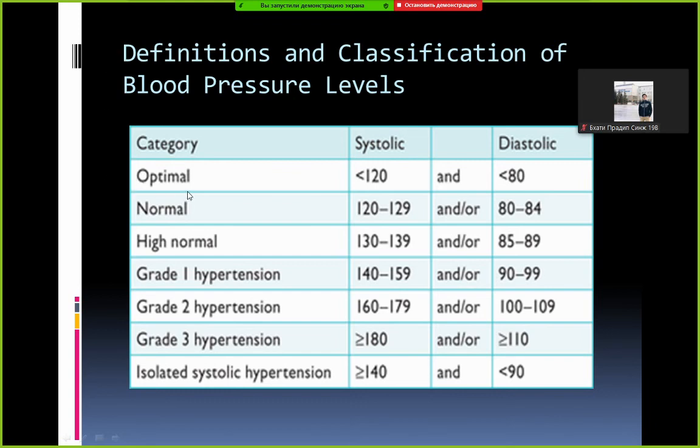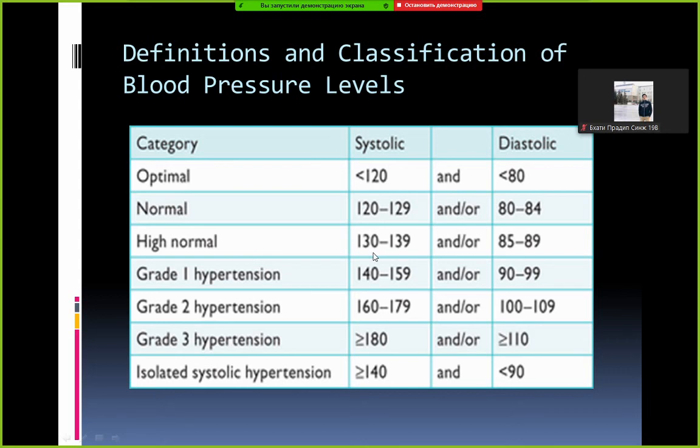So optimal blood pressure is systolic less than 120, diastolic less than 80. Normal blood pressure is considered 120 to 129 systolic and 80 to 84 diastolic. There is also high normal pressure.